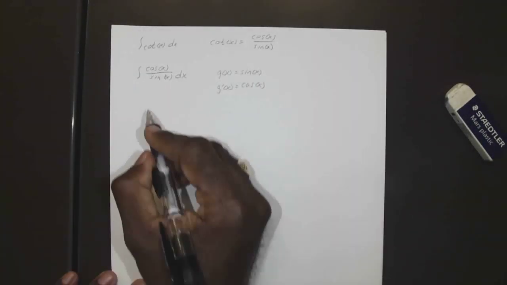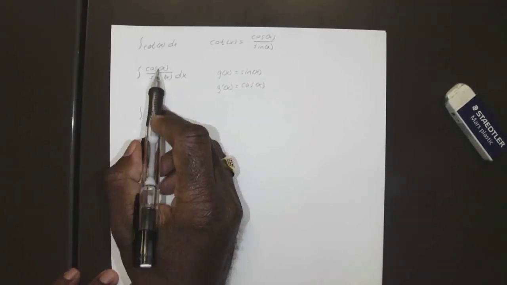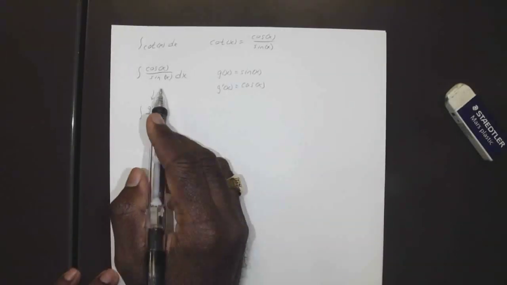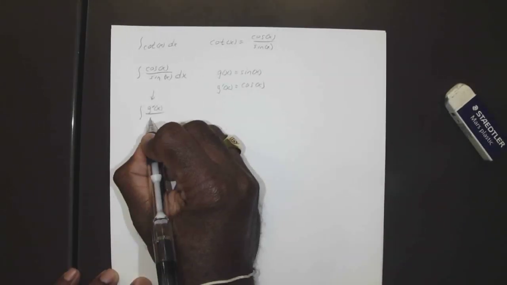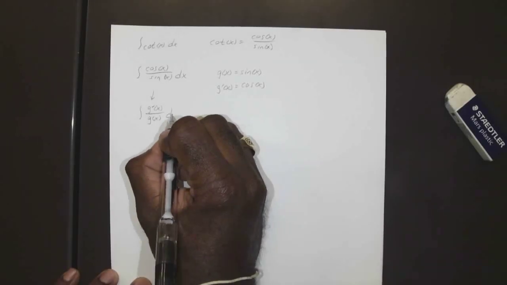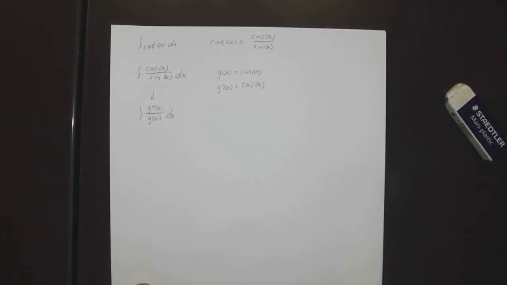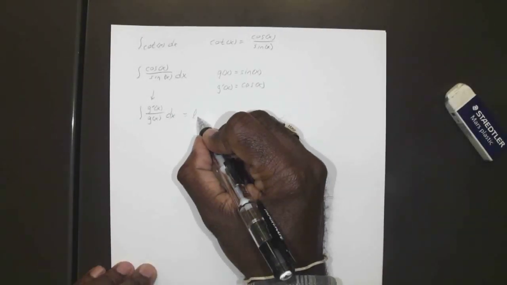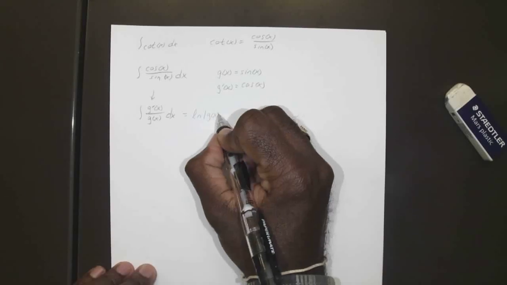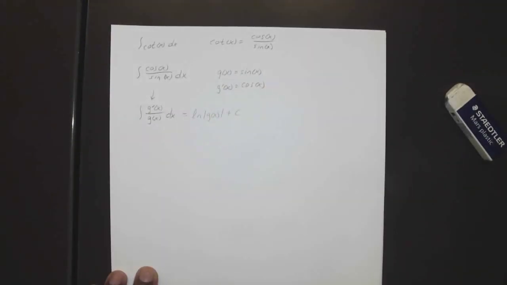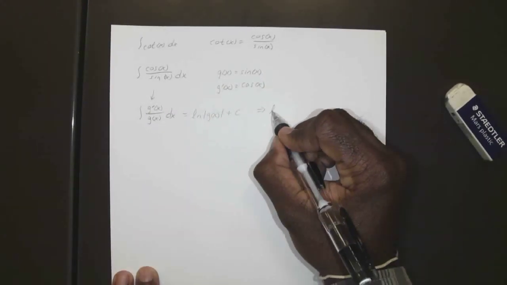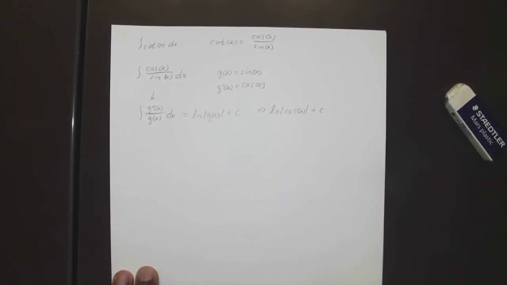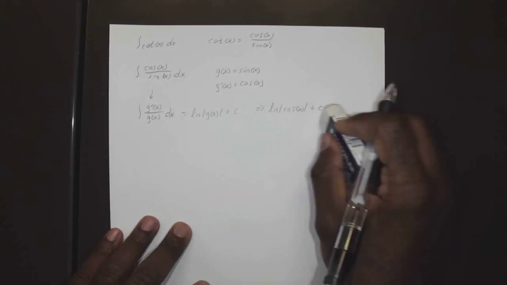Okay, so this would actually give us the integral of cosine of x, which is our g prime of x, over sine of x, which is our g of x, with respect to x, which is the natural log of g of x plus c, which is the natural log of cosine of x plus c. Oh, sine, thank you.